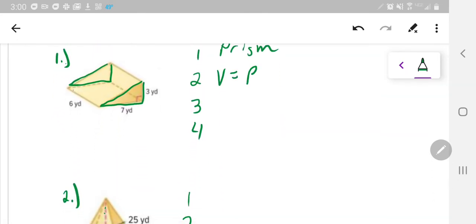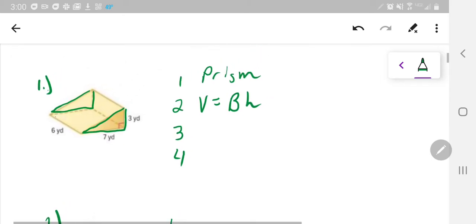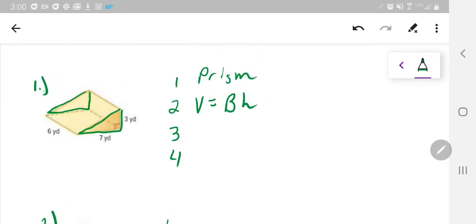Volume equals capital BH. Now you'll just have to remember that the big B in this formula represents the area of the base. Now that's the base of the prism here, which we determined was this triangular shape here, this polygon.